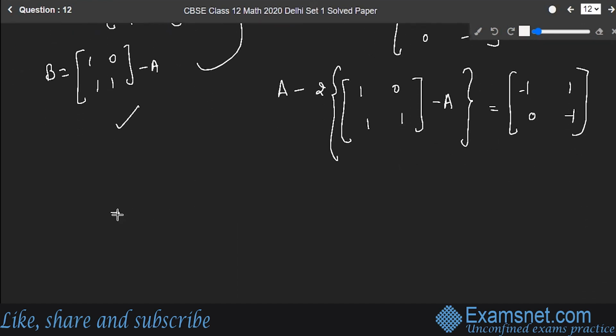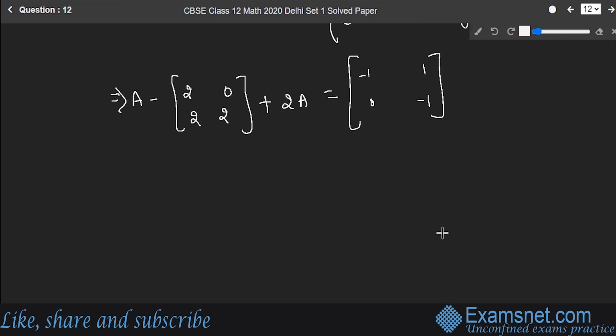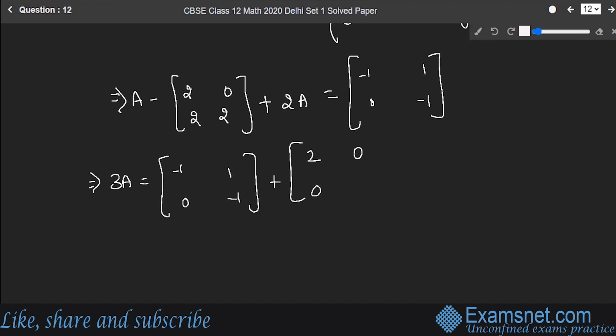So this is equal to A minus 2, 0, 2, 2 plus 2A is equal to minus 1, 1, 0, minus 1, or 3A is equal to minus 1, 1, 0, minus 1 plus 2, 0, 2, 2.